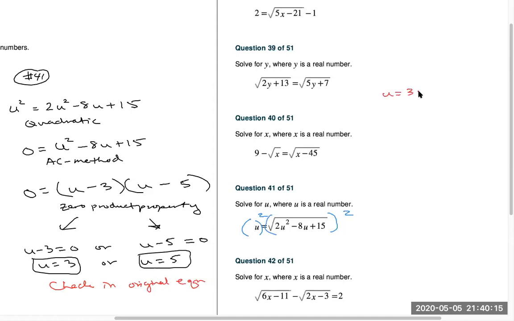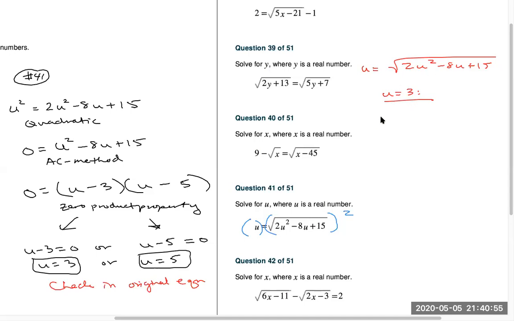So when u equals 3, I'll do this in the calculator. We're checking in u equals square root 2u squared minus 8u plus 15. So we have the square root of 2 times 3 squared minus 8 times 3 plus 15.